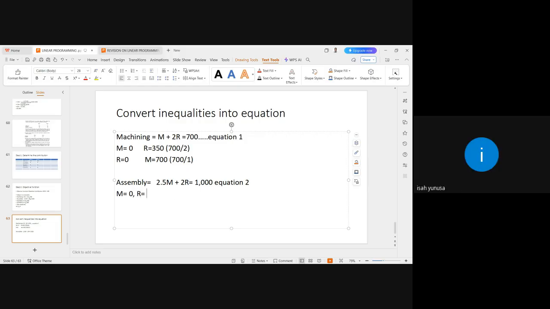R is equal to 500. That is 1000 divided by 2. So when R is 0, M is what? M is 400. So we have it as 1000 divided by 2.5.